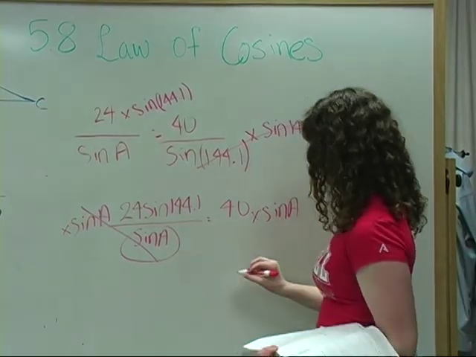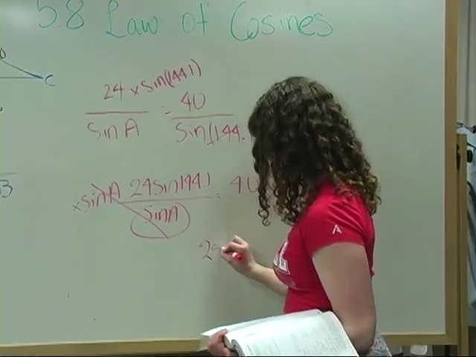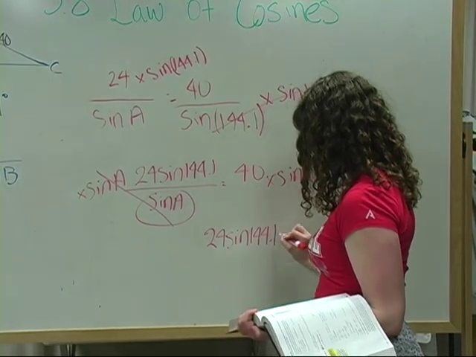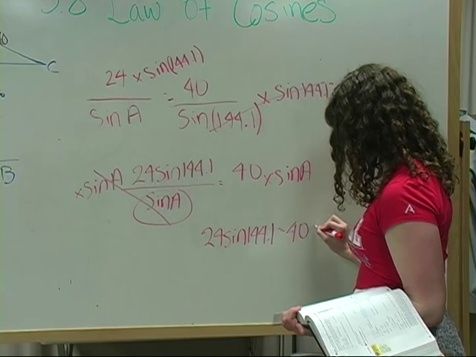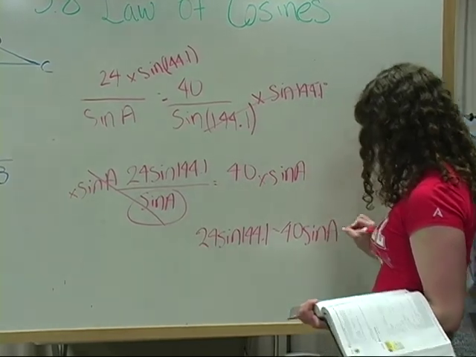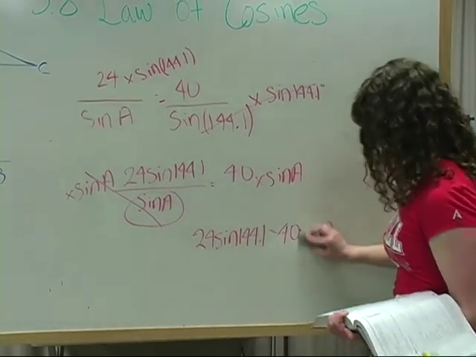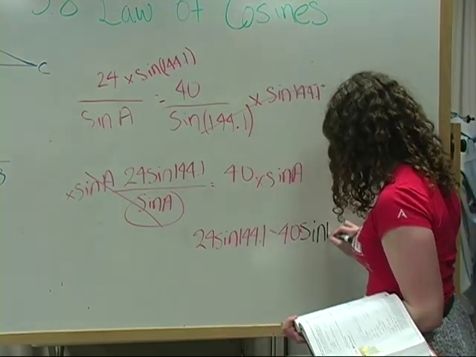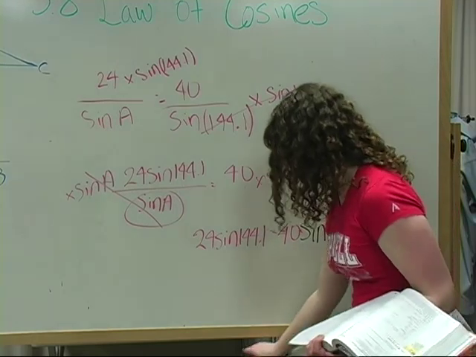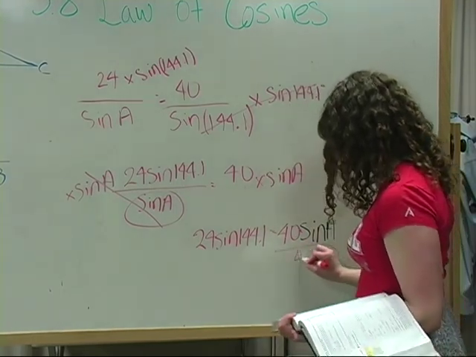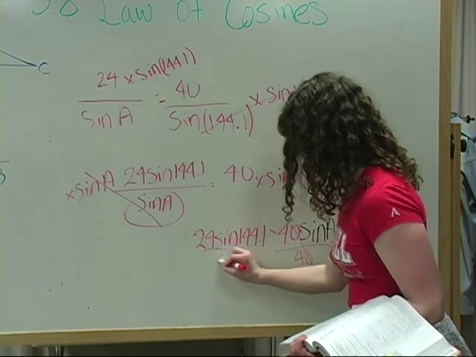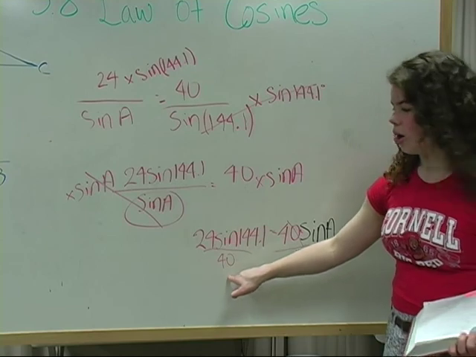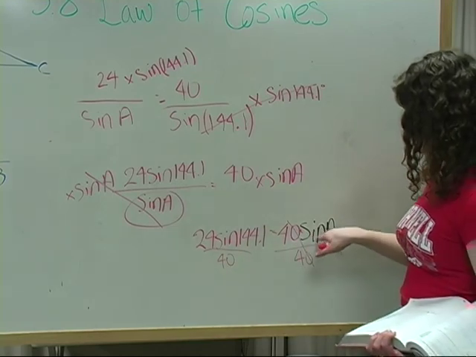And we are left with 24 sine 144.1 equals 40 sine A. Now, I'm actually going to write this in black because that's what we're solving for. We divide each side by 40 to get rid of it. And that is going to be what the measure of sine A is.